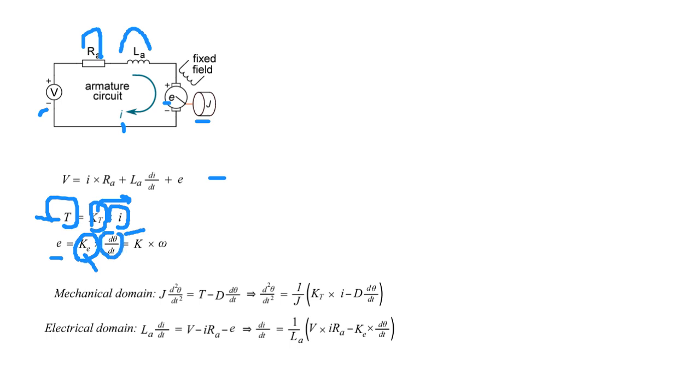Speed is angular velocity, omega. Omega times Ke is E. So we can say the rotor back EMF value, so voltage value, is proportional to the speed. So actually we can say torque is nearly proportional to current, and voltage is nearly proportional to the speed.